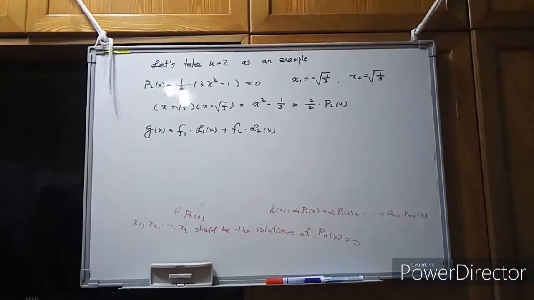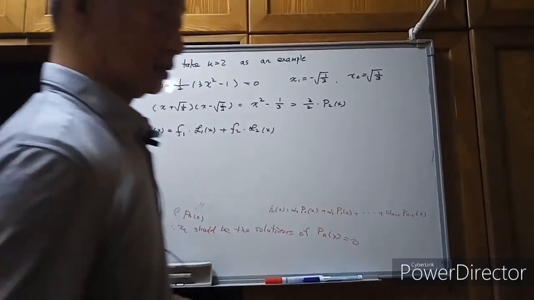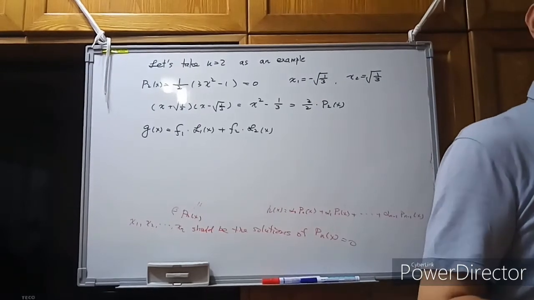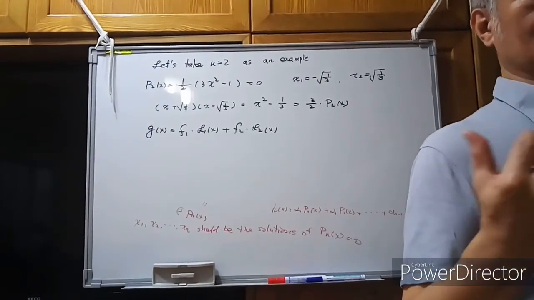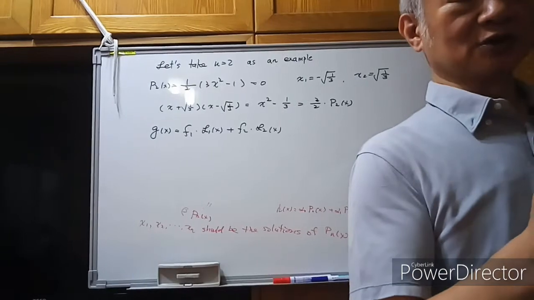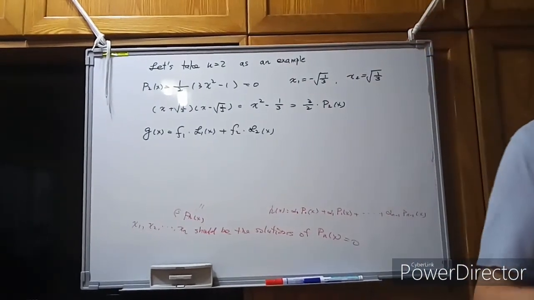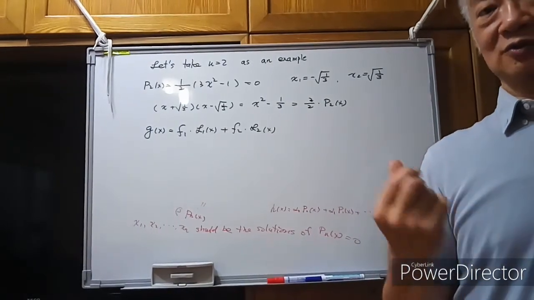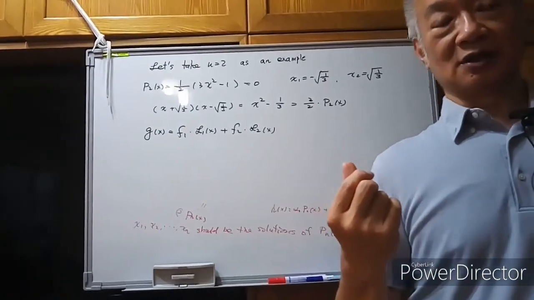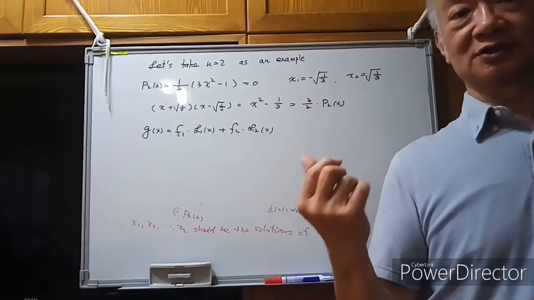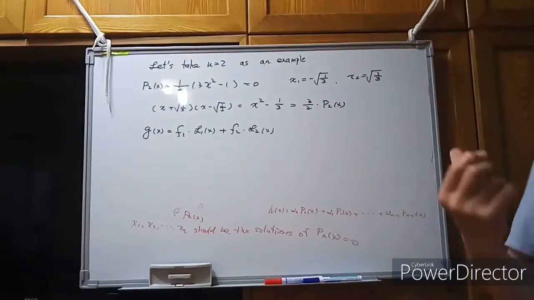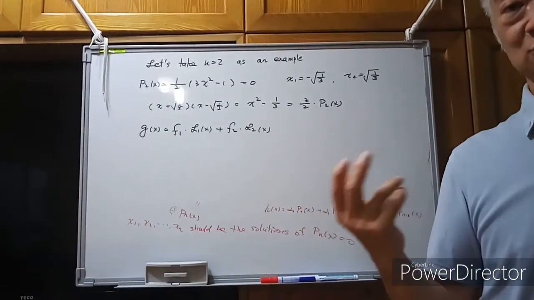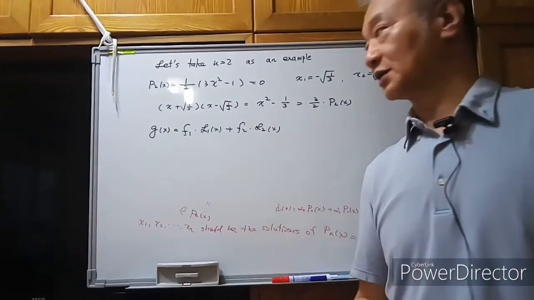Okay, you will find the two Lagrange interpolation functions are not related to the f of x. The L1 and the L2 are related only to the locations of the data points. So they are related to the negative square root of 1/3 and the positive square root of 1/3, but they are not related to the function f of x you are calculating right now.